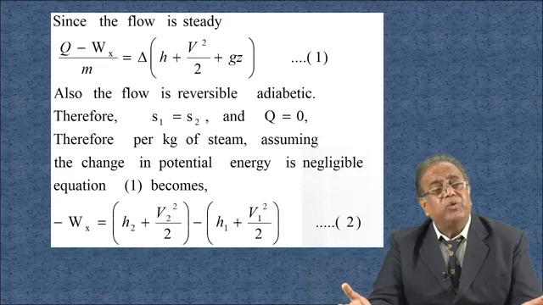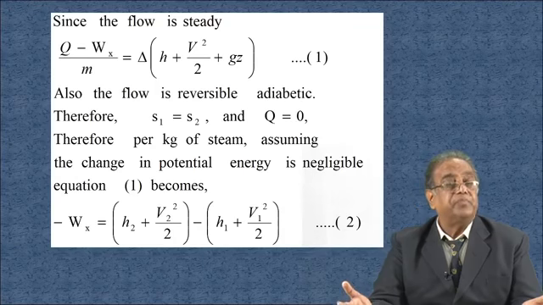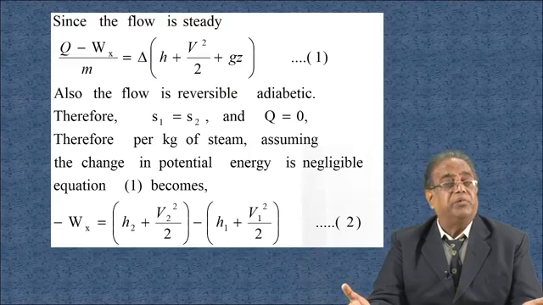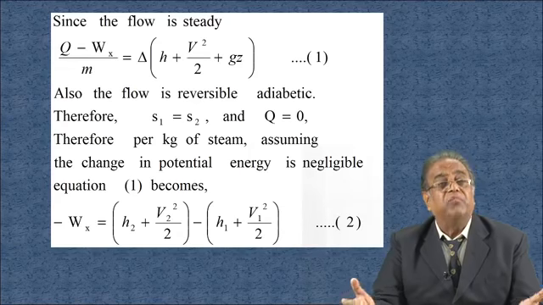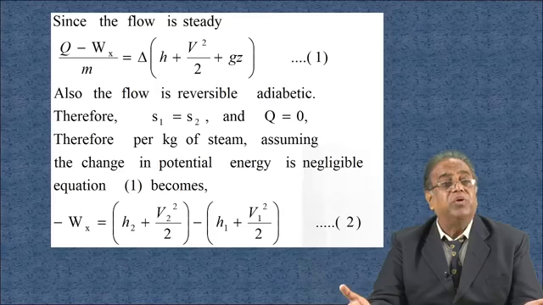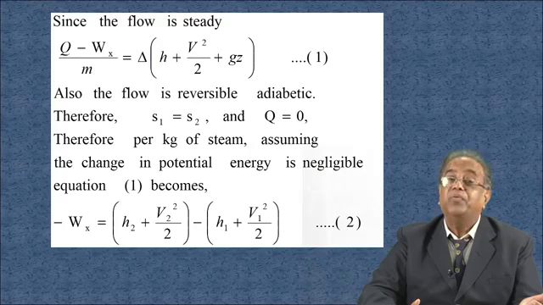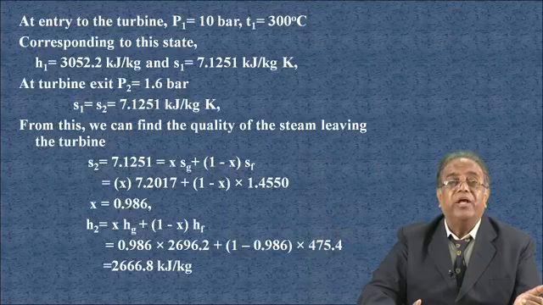So here H1 we can calculate from the steam table. V1, the velocity at the entry point of the turbine for the steam, is given. V2 is also given, but the only thing, H2, we have to calculate. But how can we calculate? Let us see how we can calculate with the help of the isentropic process where S1 is equal to S2.